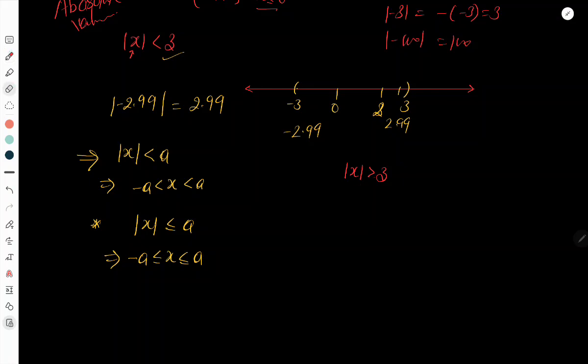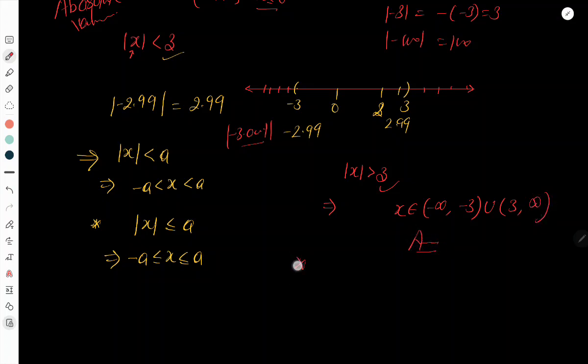Before minus 3 you can take any number, like minus 3.00001, and its modulus is greater than 3. So x belongs to minus infinity to minus 3, union 3 to infinity, since after 3 any number satisfies it. So this is the answer.